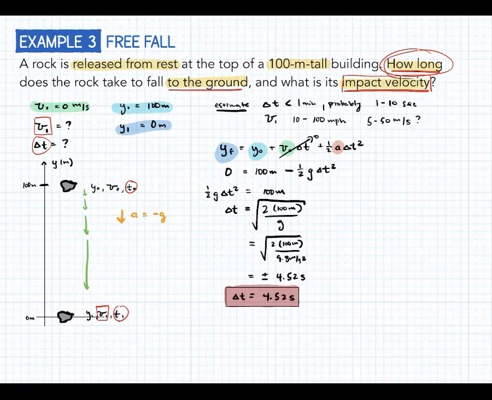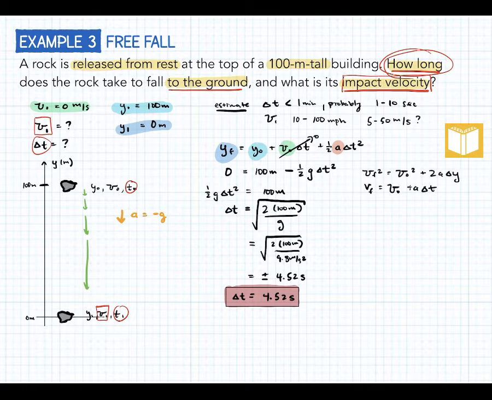We can either use V final is equal to V initial plus a delta t, or we can use V final squared is equal to V initial squared plus 2a delta y.